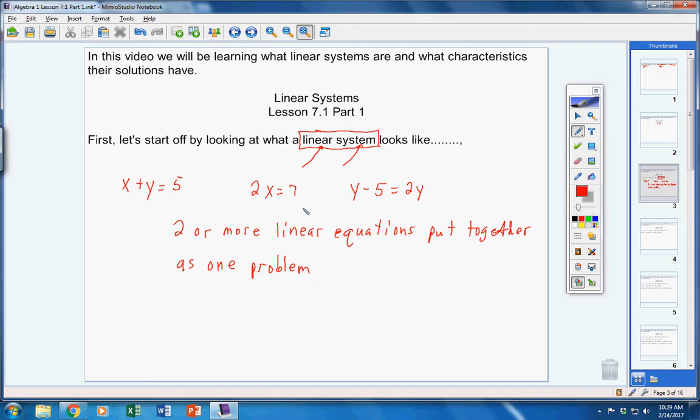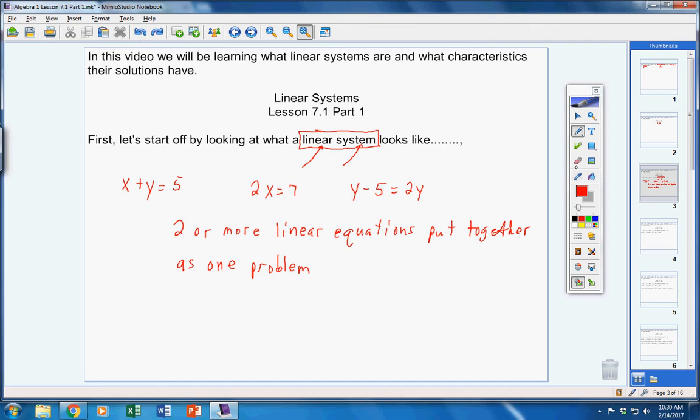Now, all the systems we're going to look at today in lesson 7.1 only have two equations, but it is possible to have more than two linear equations. So a linear system is when you have two or more linear equations put together as one problem.